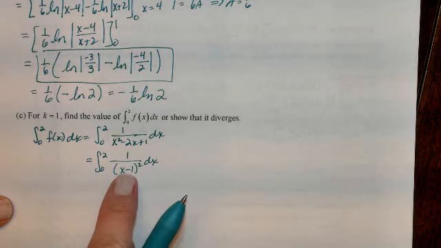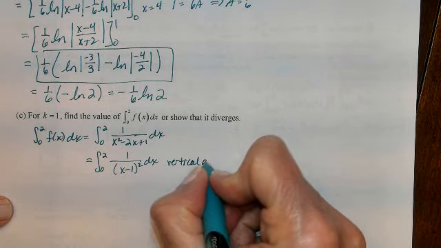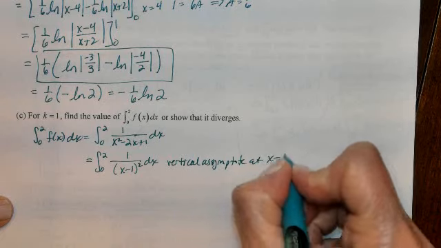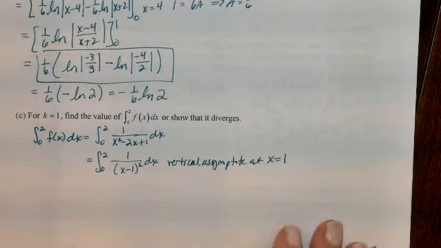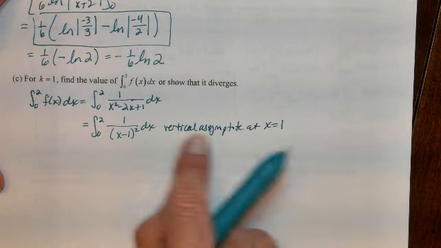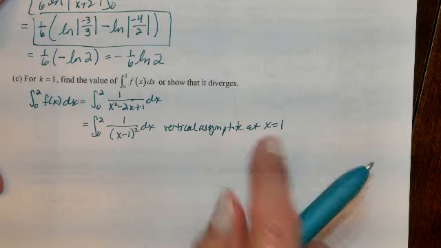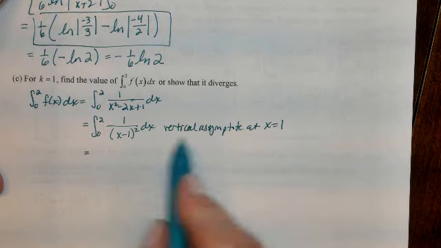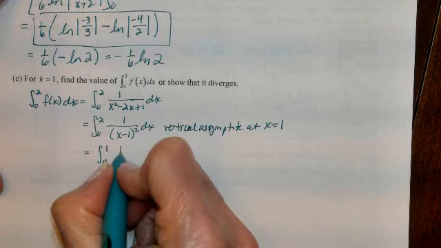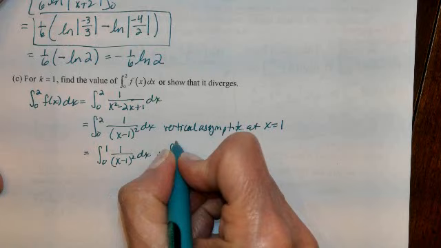And sure enough, we have a vertical asymptote at x equals 1, which is in this interval. So the instructions made me open my eyes to the possibility of something funny happening. That tells me I have to break this up into 2 pieces, from 0 to 1 and from 1 to 2.